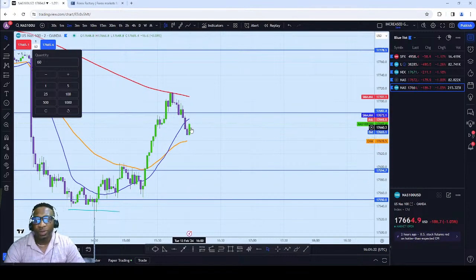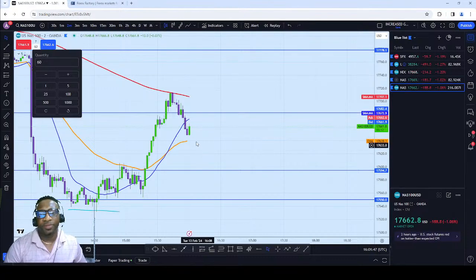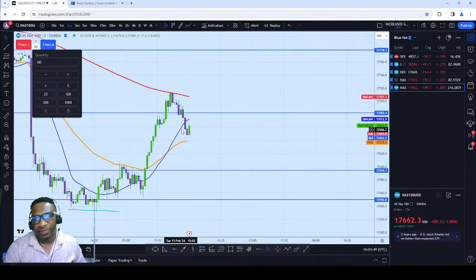But technically I would have loved to get in here as it takes out the last purple candle. That's where I would have loved to get into it. But just to be sure, you just follow the process. If you want it above it, that's fine.